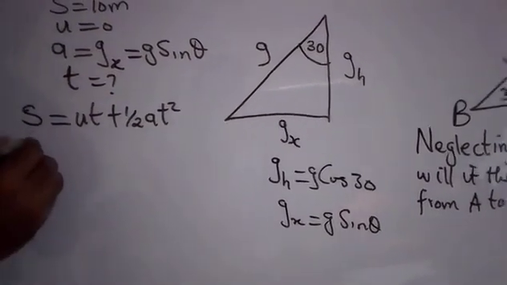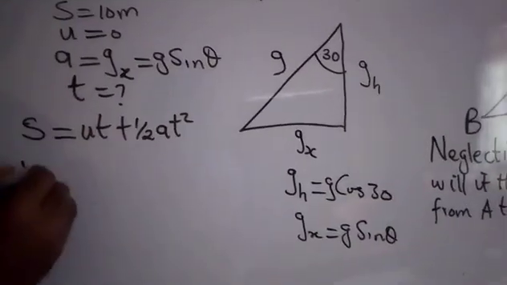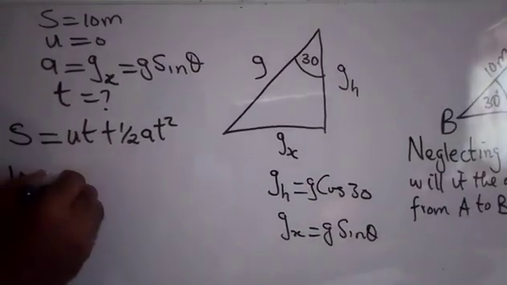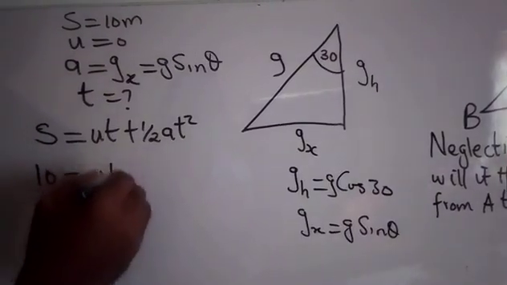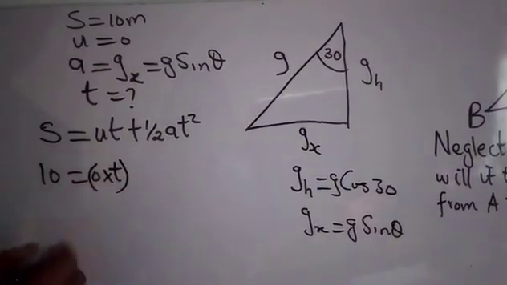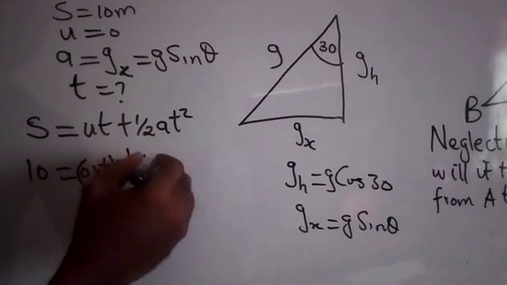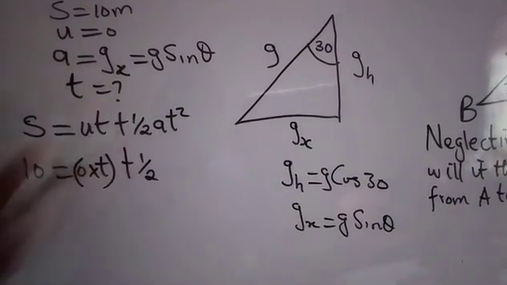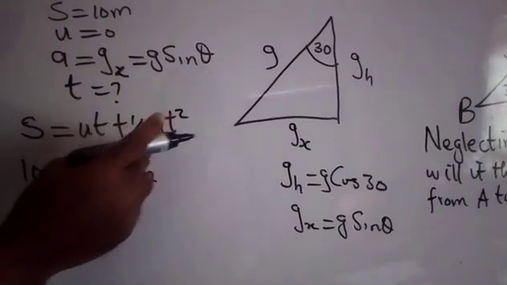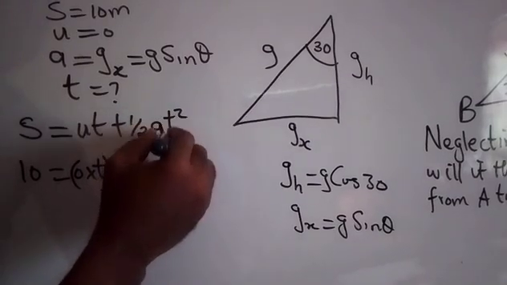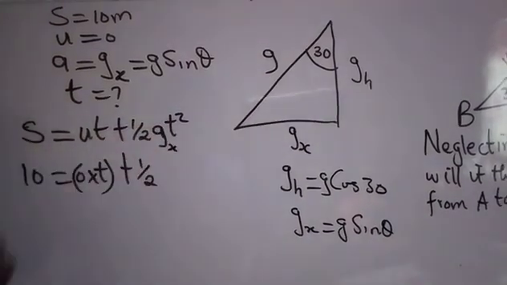My s is known as 10. I put it in. u is 0 multiplied by t, which I'm looking for, plus half a. Remember, sorry, this is half g_x times t squared.